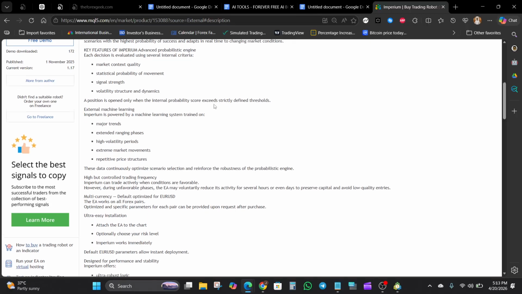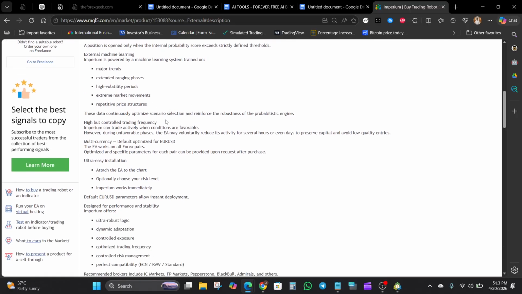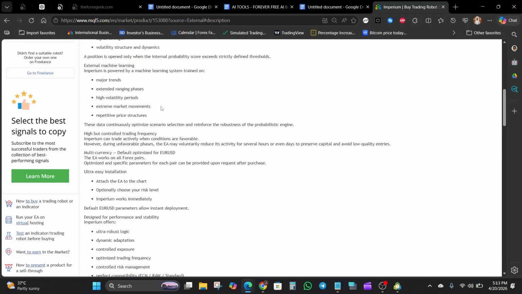Okay, so the developer has already made it known that the EA uses an external machine learning engine which has been trained on different market conditions like trends, ranging phases, and high volatility environments. So the idea here is that the system is not just reacting to price, it is selecting scenarios based on statistical probability.